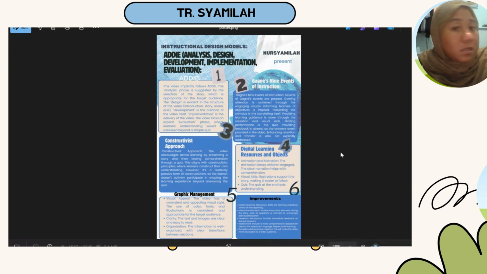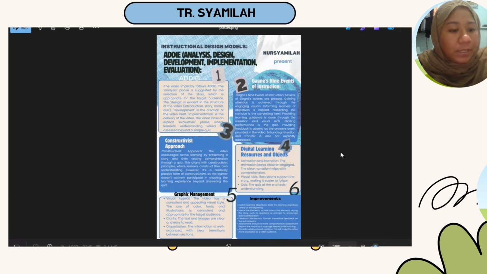The use of color, fonts, and illustration is consistent and appropriate for the target audience. Kids love colors, and it is able to attract them to pay attention to the story.